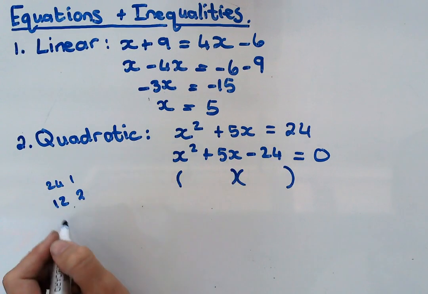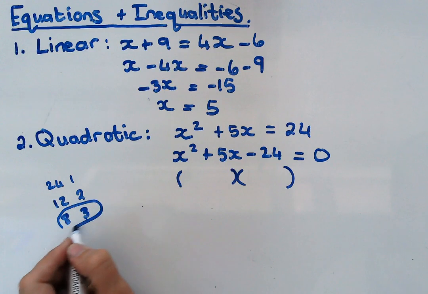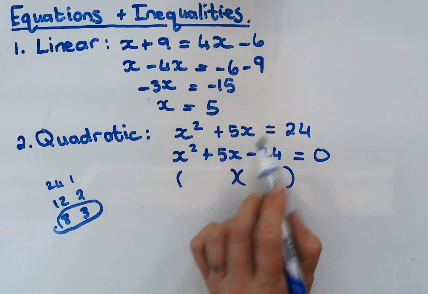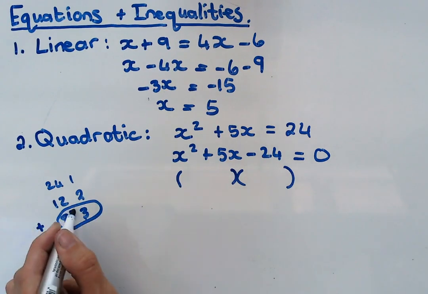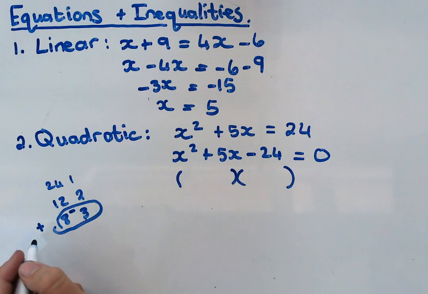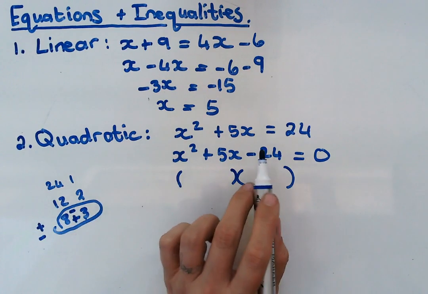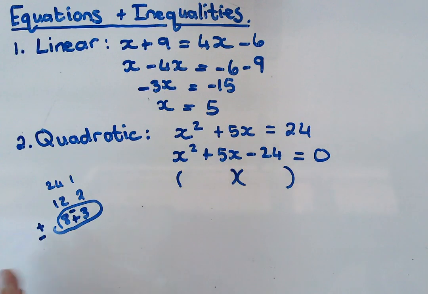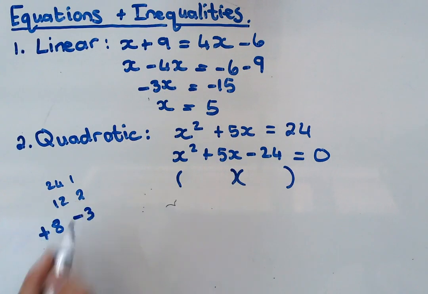24, 12 times 2, 3 times 8, and I see 3 times 8 is going to give me the 5. I list them so that the factors give me negative 24, which can be positive 8 times negative 3 gives me negative 24, but also negative 8 times positive 3 also gives me negative 24, but in the middle I'm looking for plus 5, and that will be accomplished by having plus 8 and minus 3.